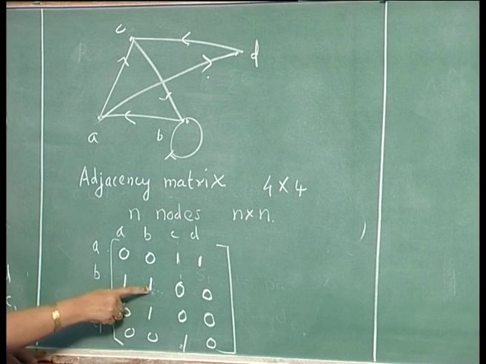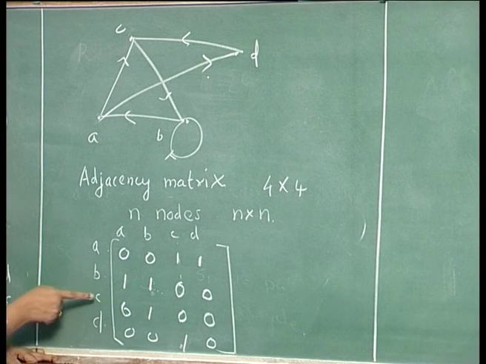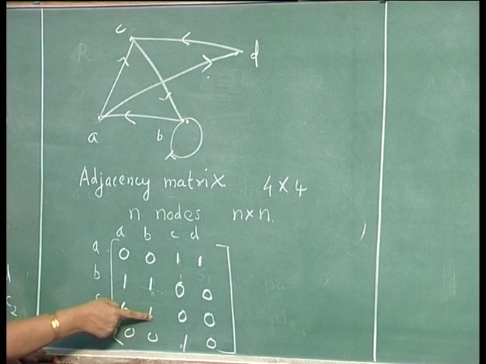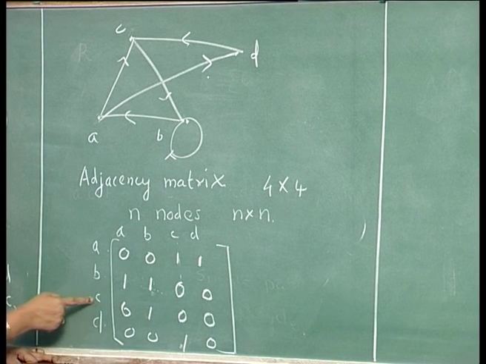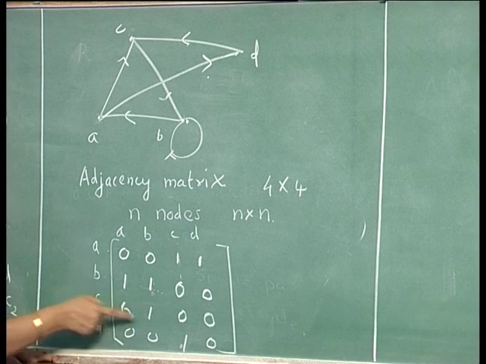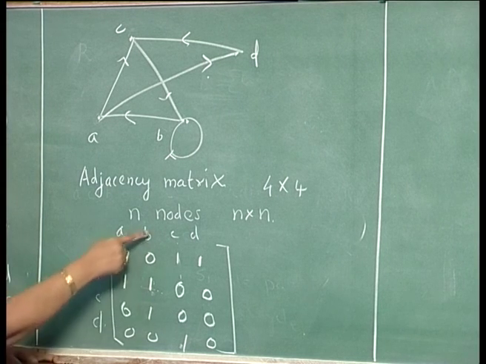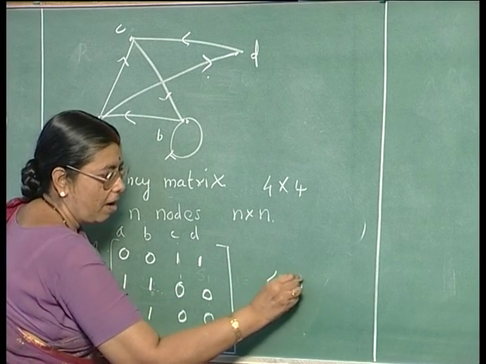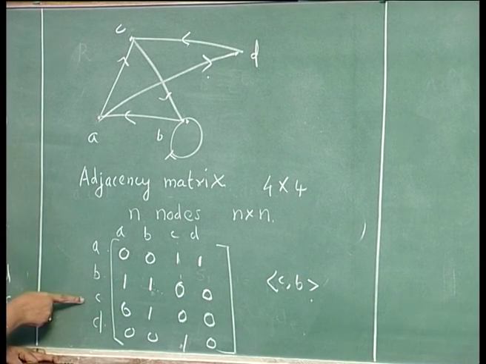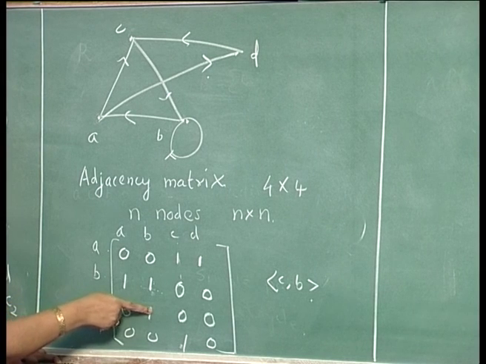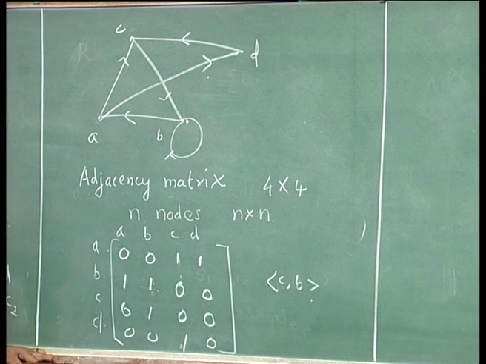So, if an element is 1, for example, it is 1 here, that means it is occurring in the row corresponding to C and the column corresponding to B. That means there is an edge from C to B, or the binary relation represented by the graph contains the ordered pair C comma B, if the element corresponding to the row C and the column B has a 1 in it. This is one way of representing, and this is called the adjacency matrix of the graph, or of the relation represented by the graph.